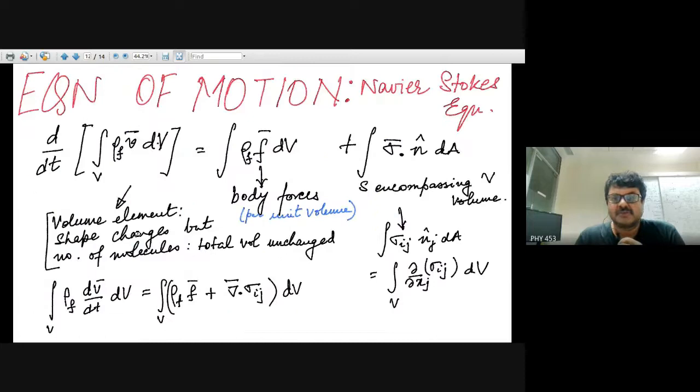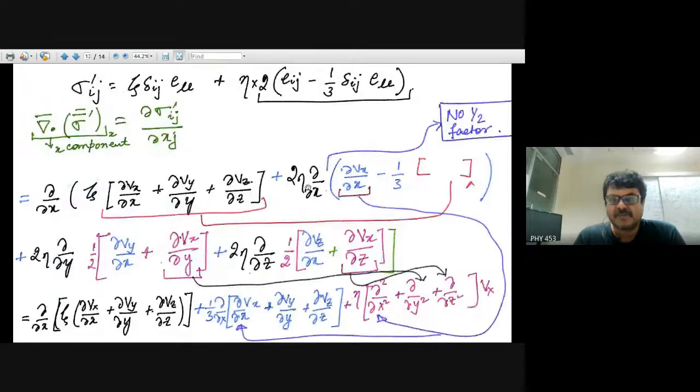So you don't have a half here. So you have taken the del x of that diagonal term as well. Then del y of the two terms of sigma xy, and del z 2 eta del z of sigma xz.